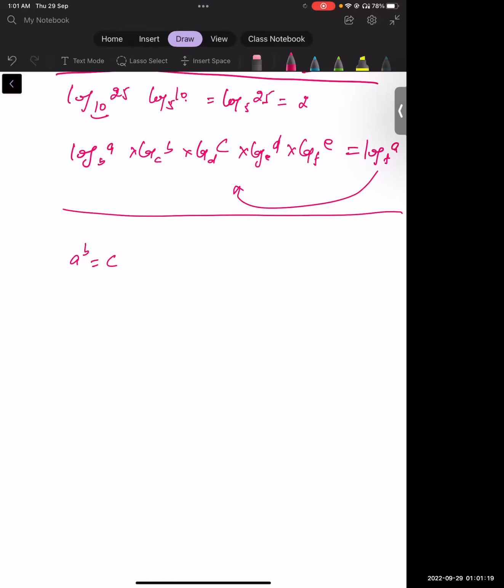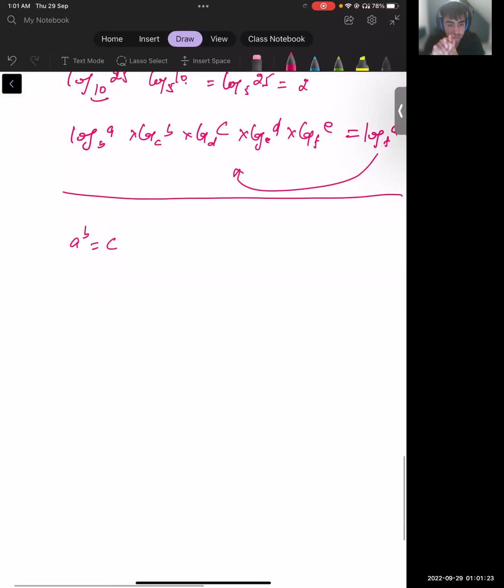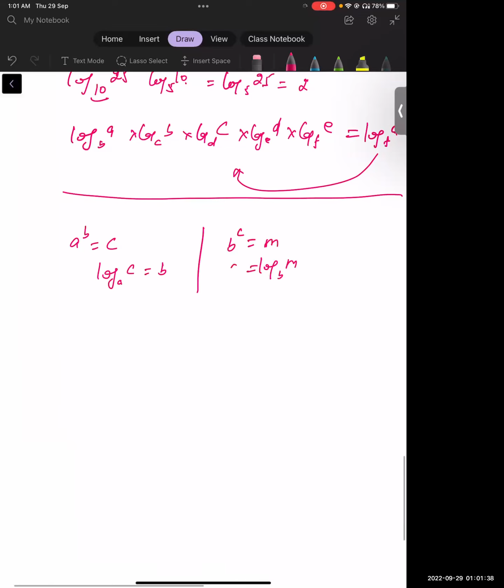It will be log a to the base c is equal to b. Similarly, b to the power c is equal to m. I can write it as log m to the base b is equal to c.